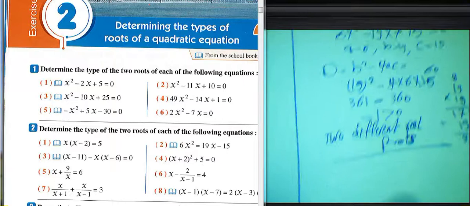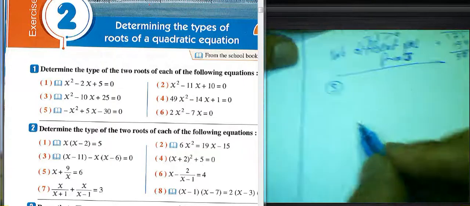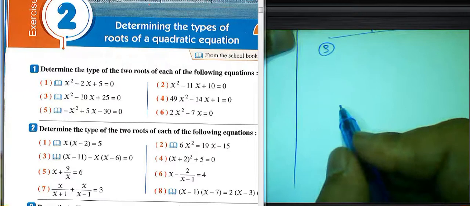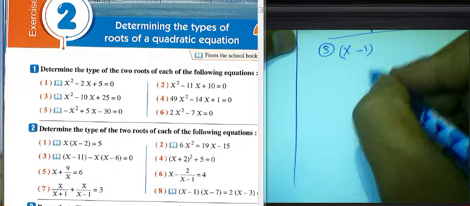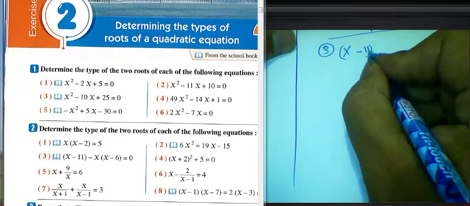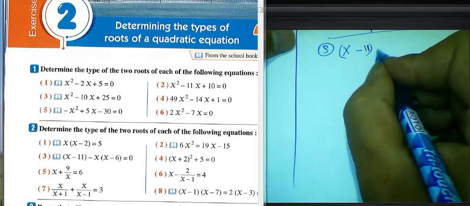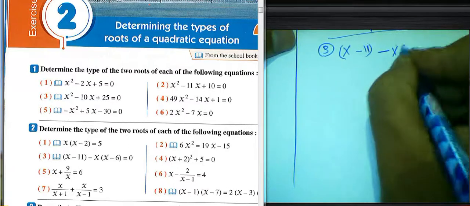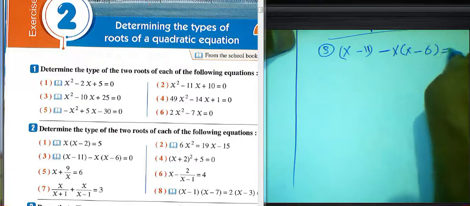Question number 3. (x - 1)... look at it with me, (x - 11) minus x times (x - 6) equals 0.